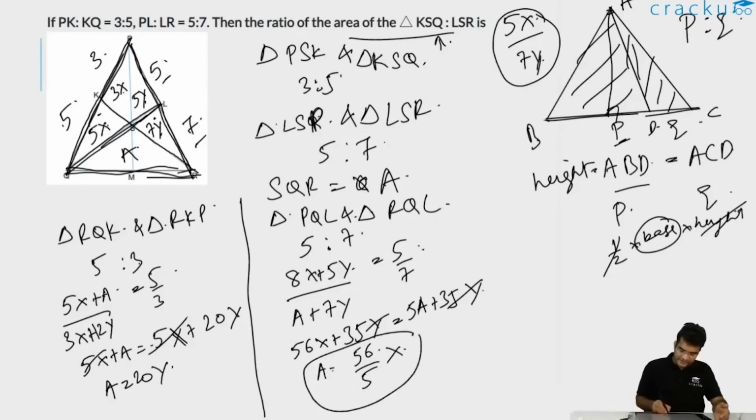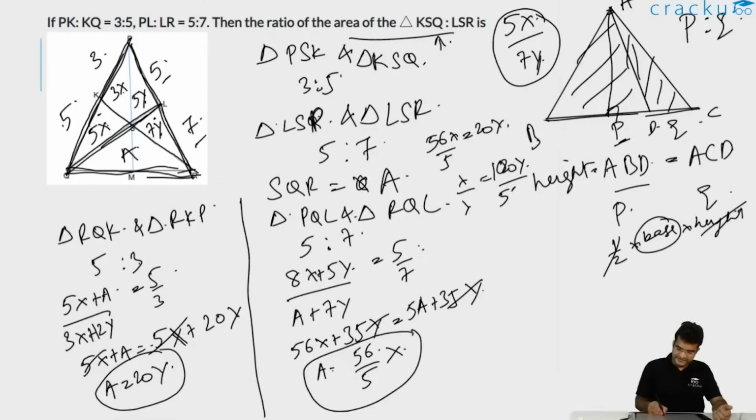Now you know the value of A in terms of x and in terms of y, so you can calculate the ratio of x by y. 56x by 5 is equal to 20y, so x by y is equal to 100 by 56, which is 25 by 14.